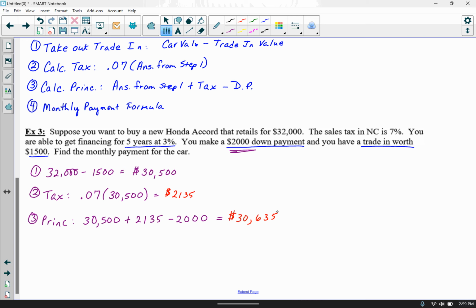Now, it should be noted here that if you're sitting in the dealership, they're going to offer you a couple of things. They're going to offer you extended warranties. They'll offer you gap insurance. I'm not sure if you're familiar with gap insurance, but it can be especially handy for brand new vehicles. For example, if you've got this $30,000 car, the moment you drive it off the lot, it's no longer worth what you just paid for it. But let's say you get into an accident 2 days later.